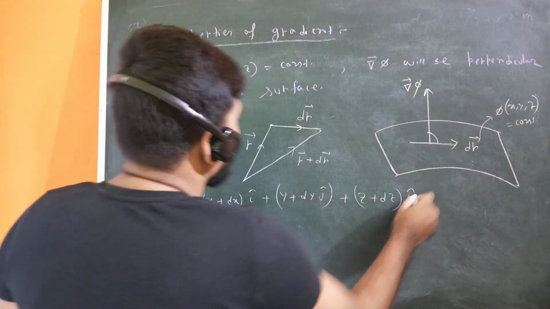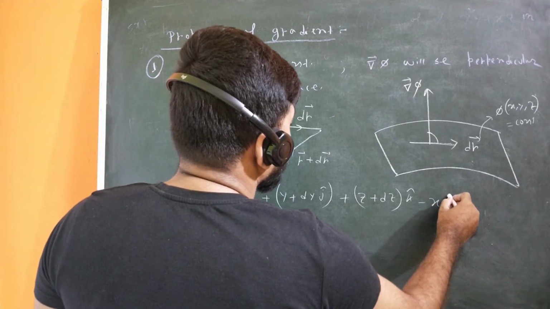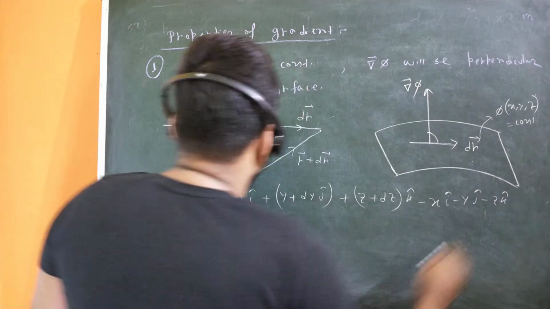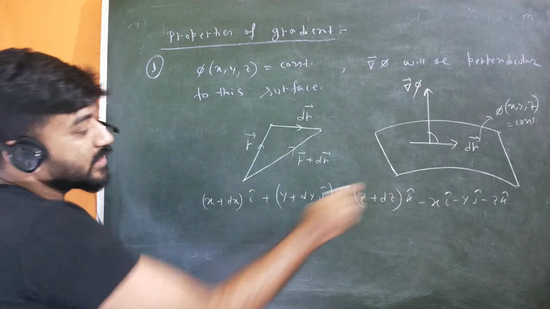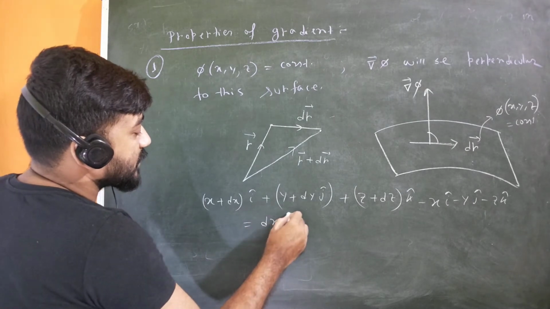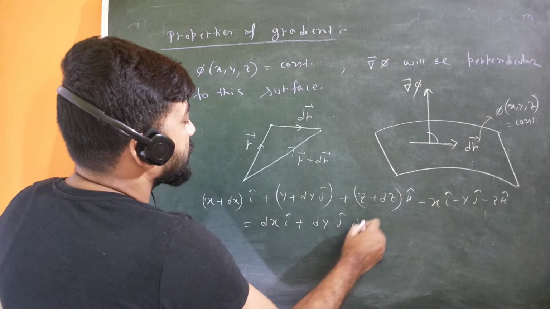Now if we subtract r from here, that is x i cap, y j cap and z k cap, then the x i cap, y j cap and z k cap cancel out, and we are left with dx i cap plus dy j cap plus dz k cap.